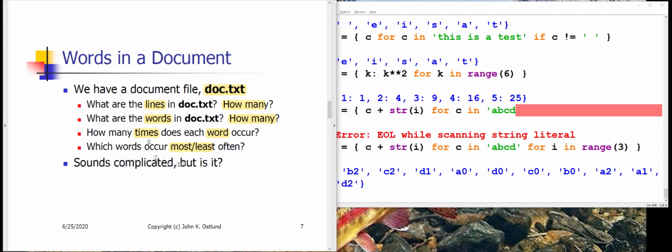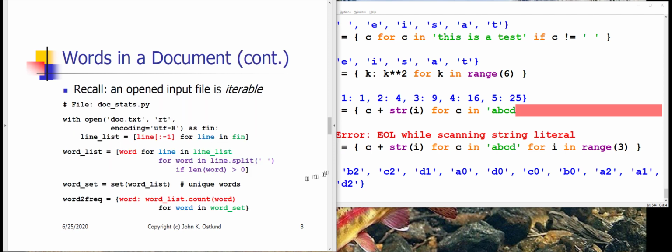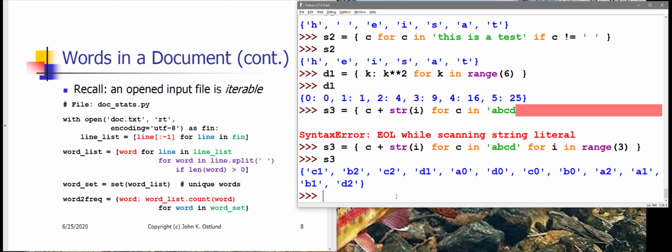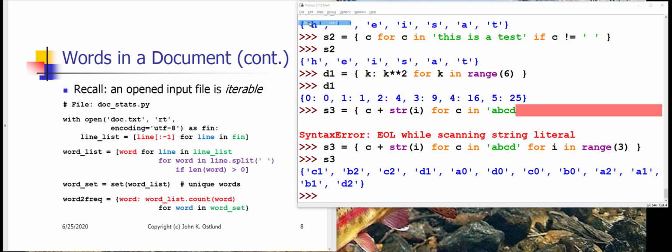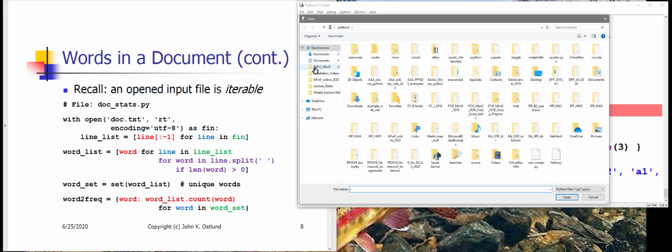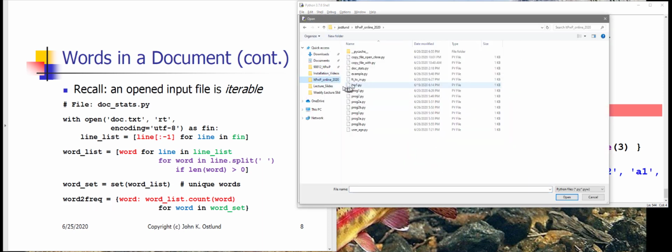It sounds like it ought to be a lot of looping and tedium and grinding our way through this text file to get to all these answers. But in fact, the entire program only needs a couple of slides involving a bunch of comprehensions. So let me open this program file, which is called docstats.